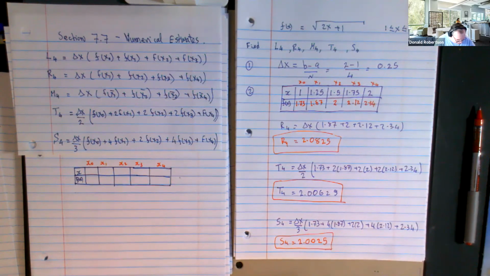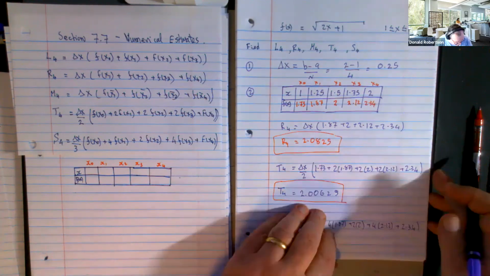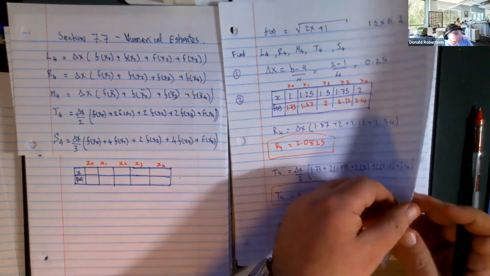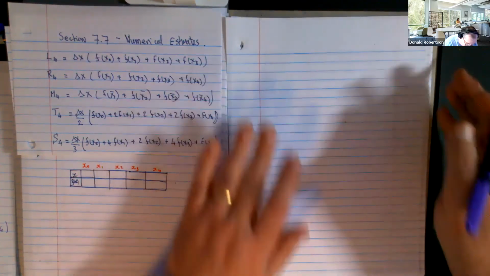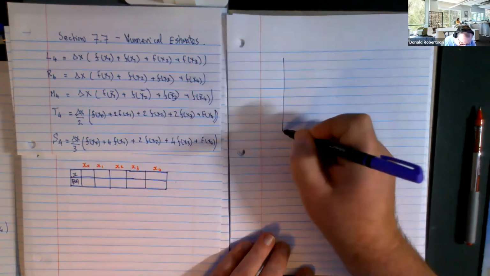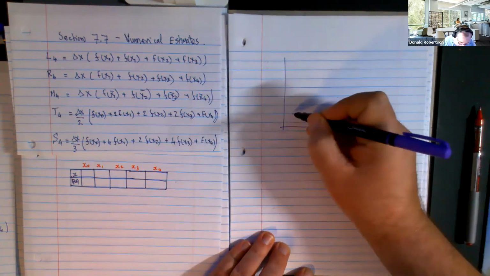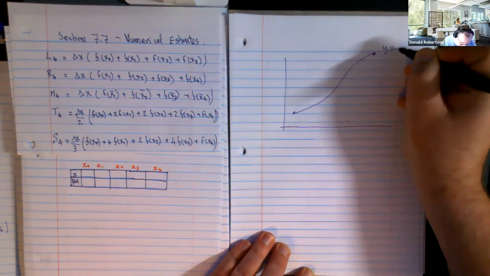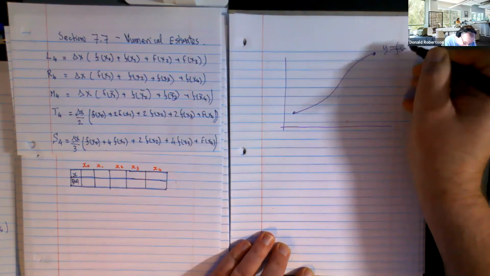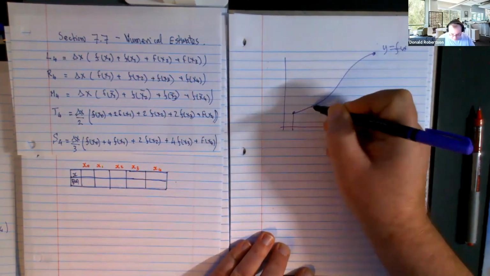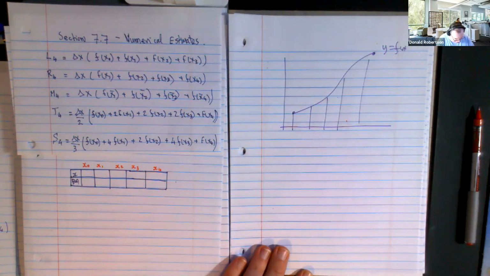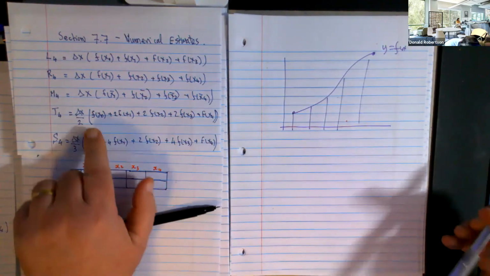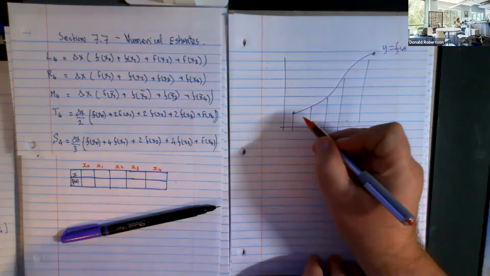Now, side note, if you are interested, where on earth did these formulas come from? Let me show you how they came about. Imagine you've got your function, and you start here and you've got so many strips. You take each strip, and for the trapezium, you don't use this guy, you don't use this guy.